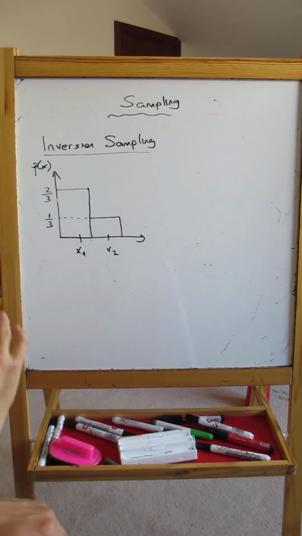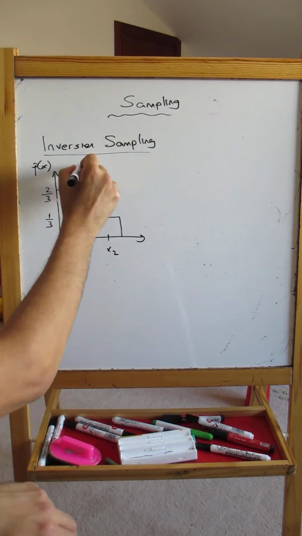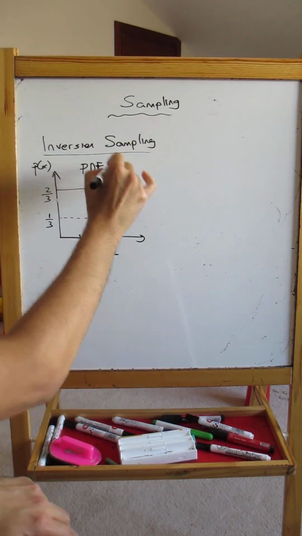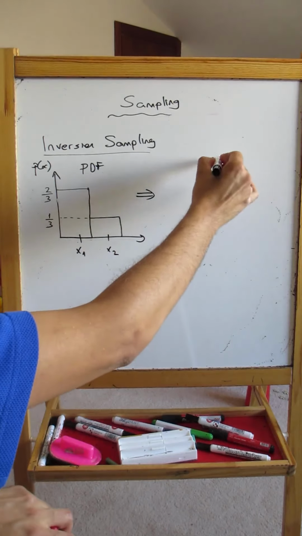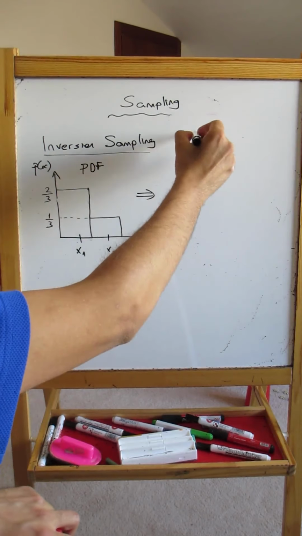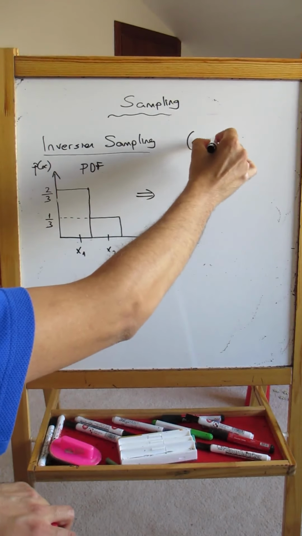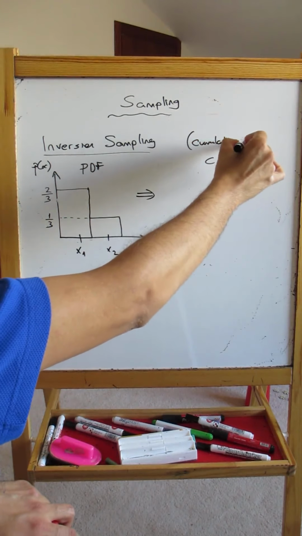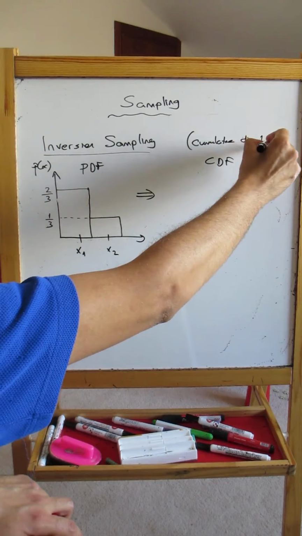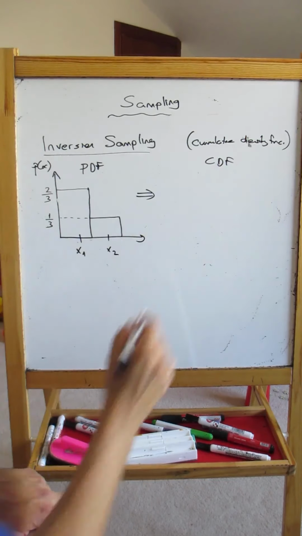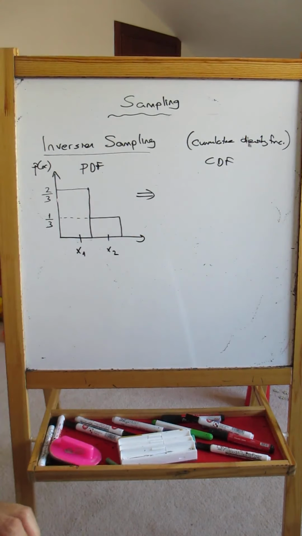So first, this is the PDF. Now from here, the first step is to compute the CDF. CDF stands for cumulative density function, while PDF was probability density function.